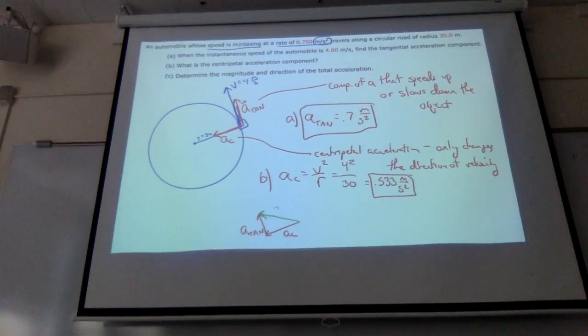And that is a total, which we can find using whose theorem? Pythag. So A total is the square root of A tan squared plus AC squared. And those are the two answers we have from above.